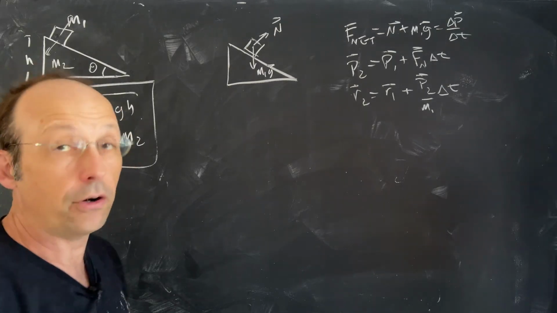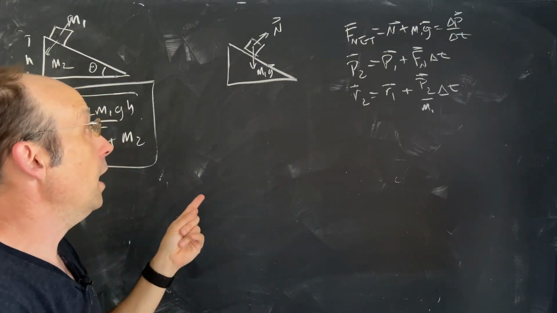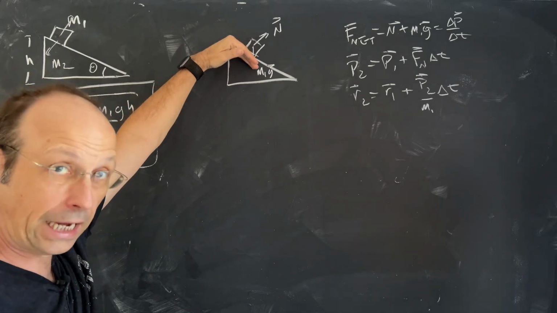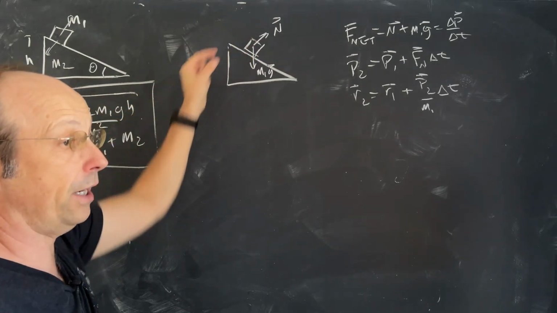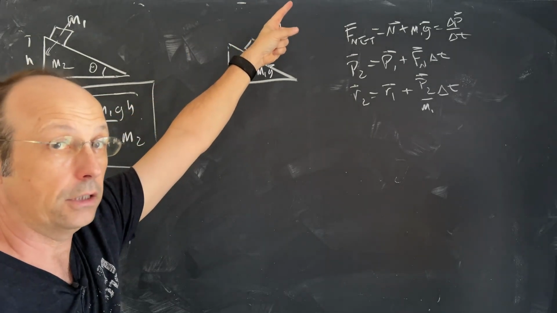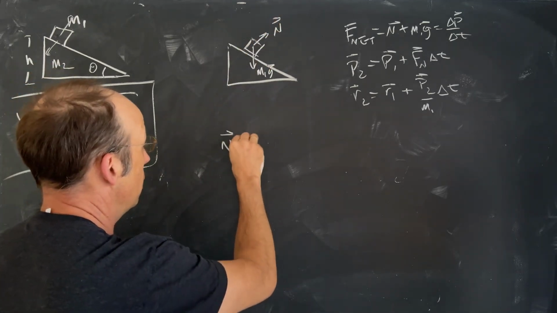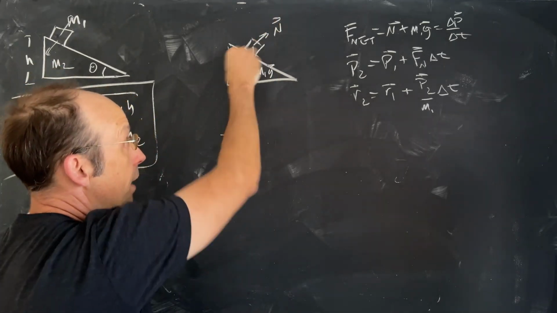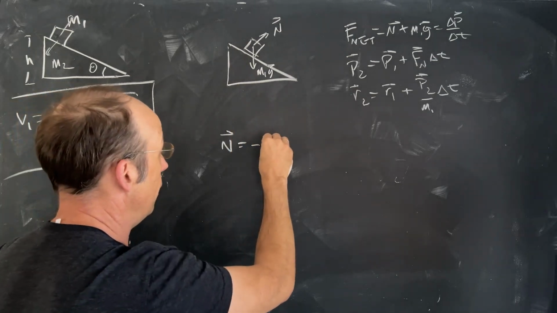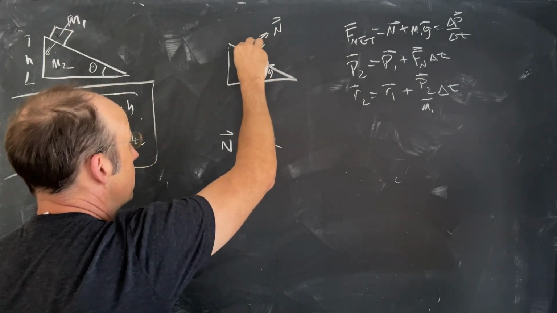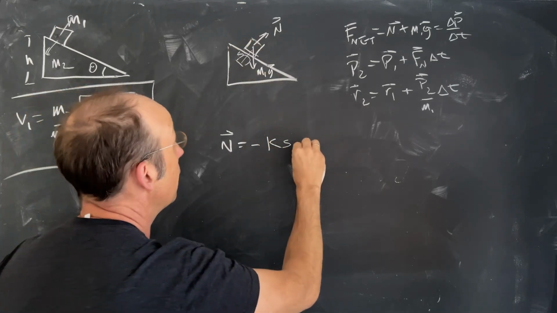Now, the question is, how do you calculate that normal force? If I let the mass go below the plane, then I can make it act like a spring to push back that way. So the normal force, I'm going to say, if it's below there, is going to be equal to negative k, and this distance it travels there we'll call s, times n hat.